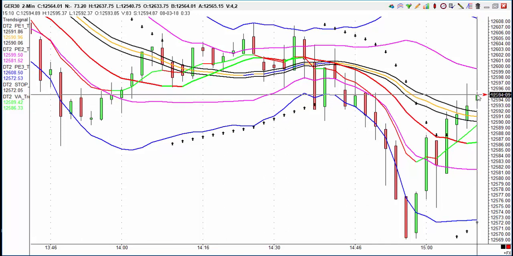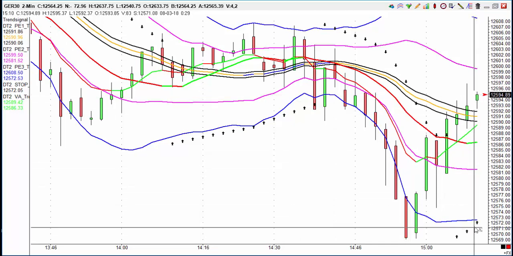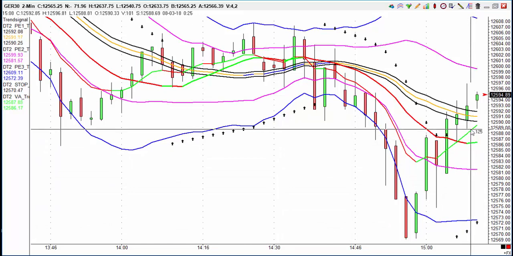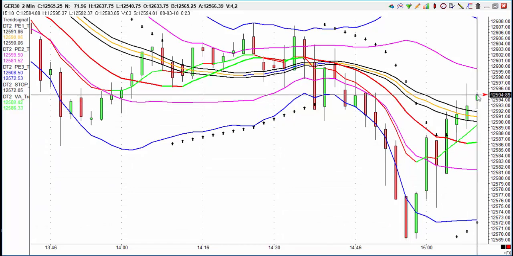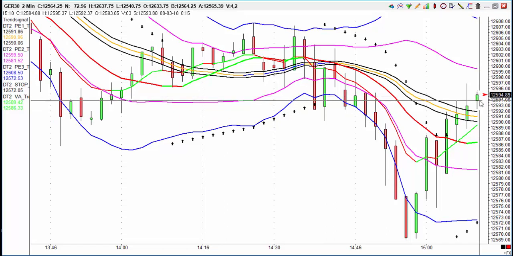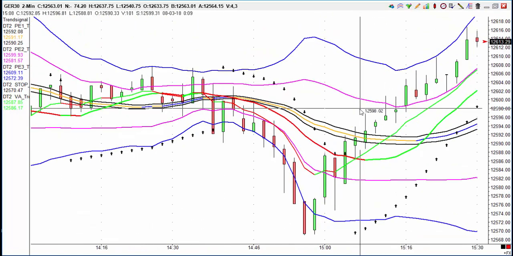So at that point, that is our entry. Let me go through those again. Arrow pointing up, both vector averages green. Candle closes above the vector averages and above the top band of the inner price envelope. There is our entry. No other point. It's the first point all of those things come into alignment. And then off it goes.